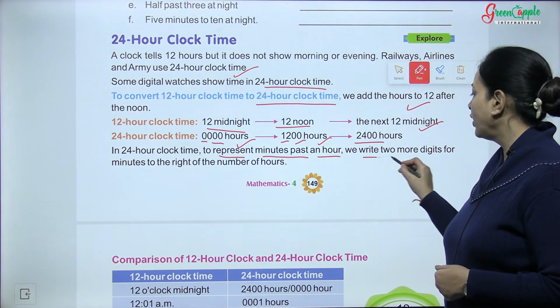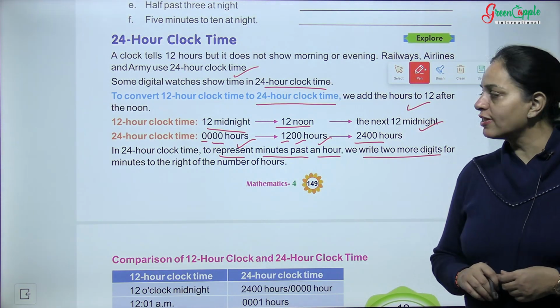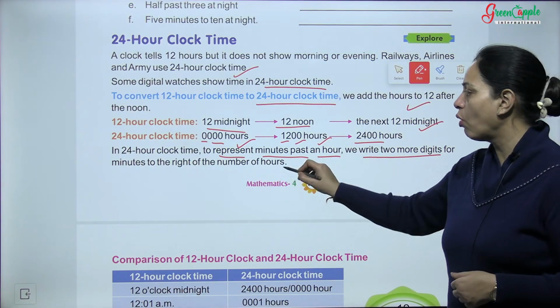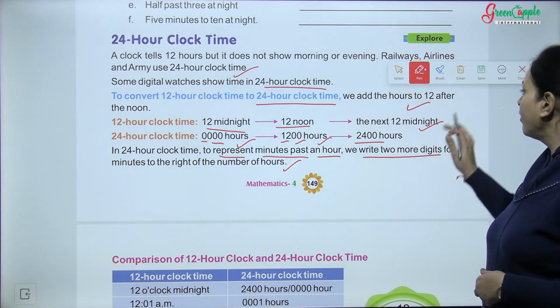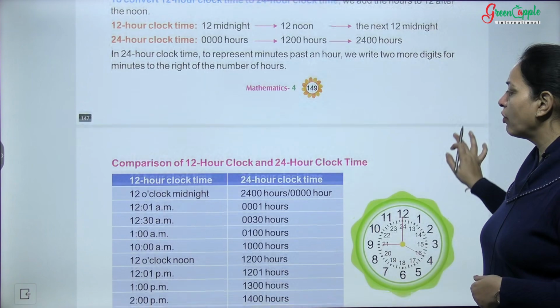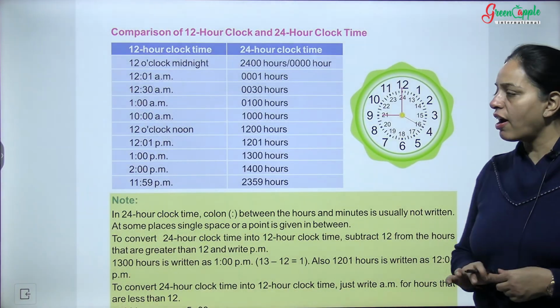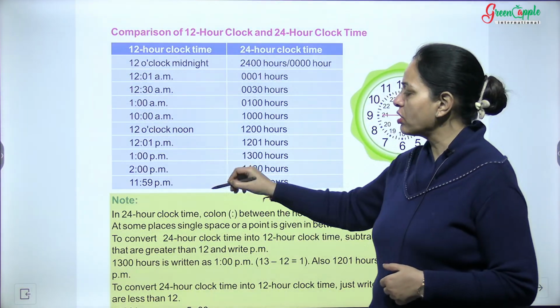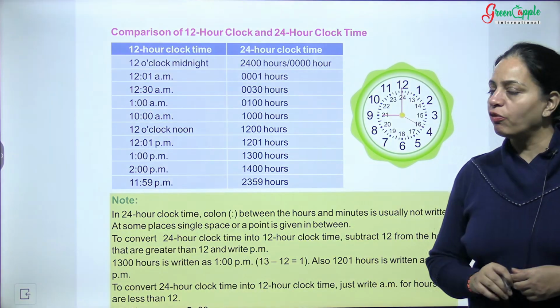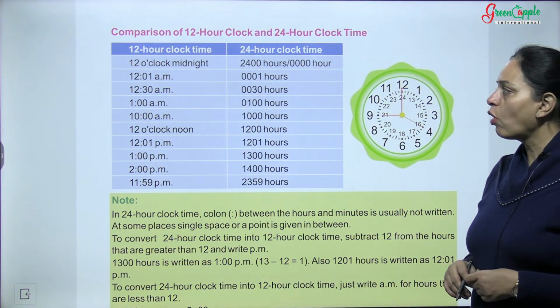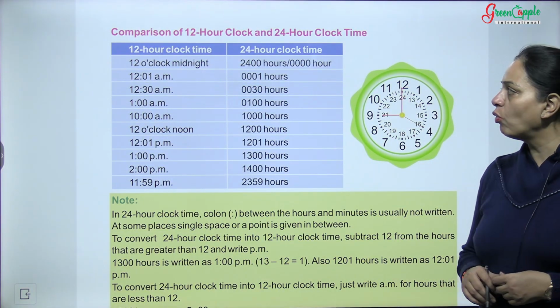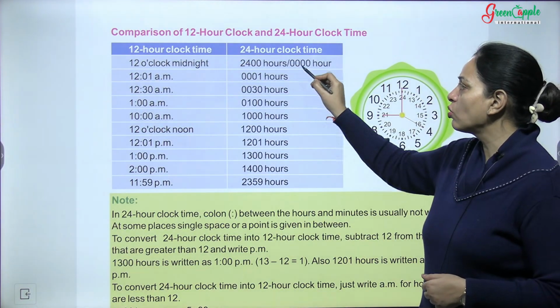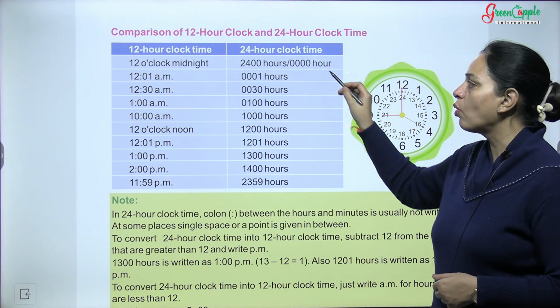In 24-hour clock time, to represent minutes past an hour, we write 2 more digits for minutes to the right of the number of hours. See here, comparison of 12-hour clock and 24-hour clock time. This is 12-hour clock time, and how we can write it in 24-hour clock time. 12 o'clock midnight, so this is 24:00 hours or 00:00 hours.